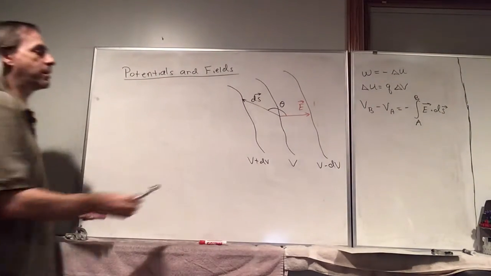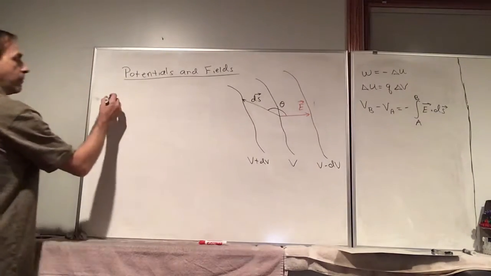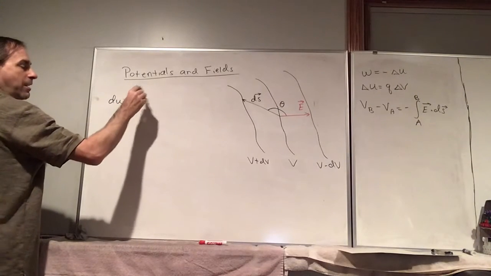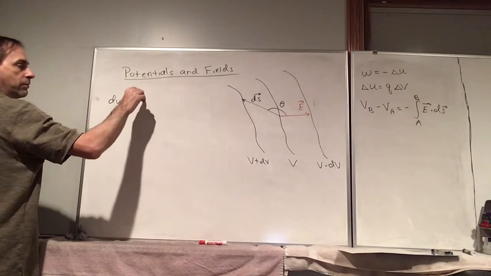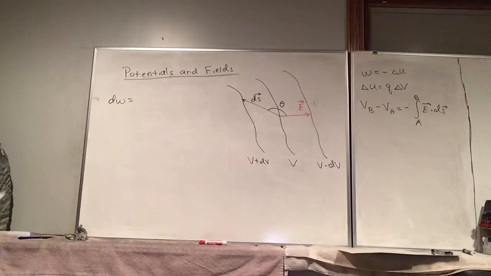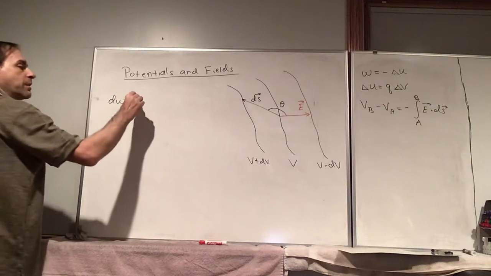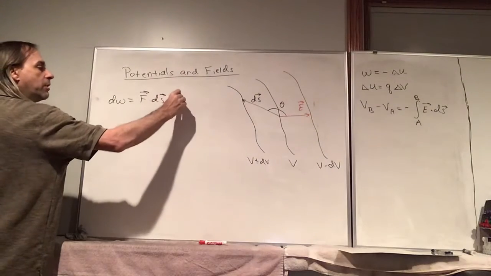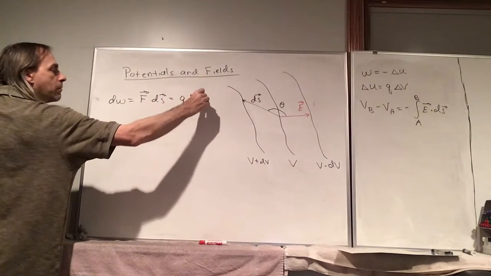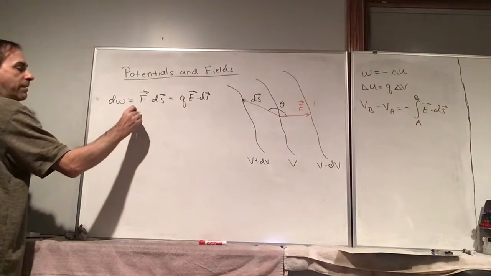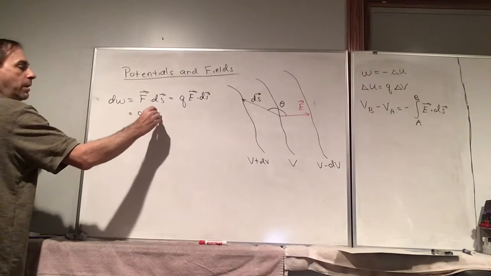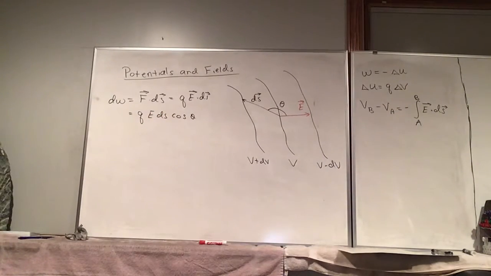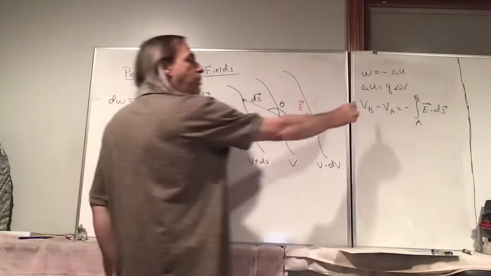So let's consider the work done over this small displacement. Let's call it dW. It's not an integral, it's an infinitesimal displacement. So that's just going to be F dot ds, which is QE dot ds. Or we could write this as Q E ds cosine theta. Now let's look at this equation here.